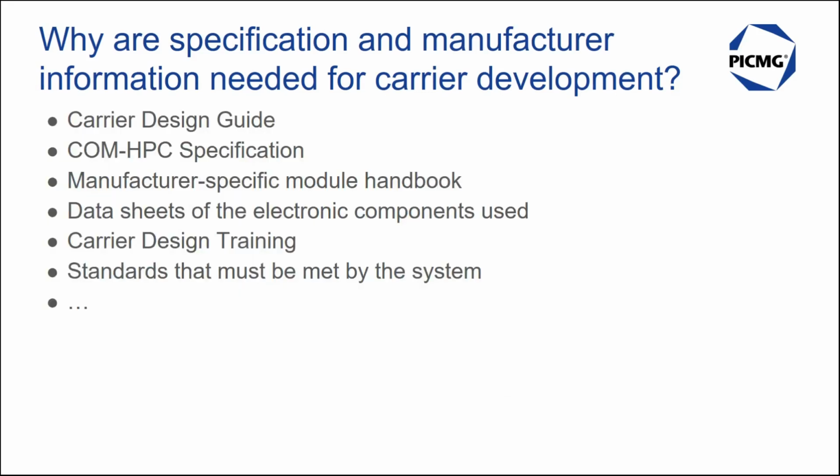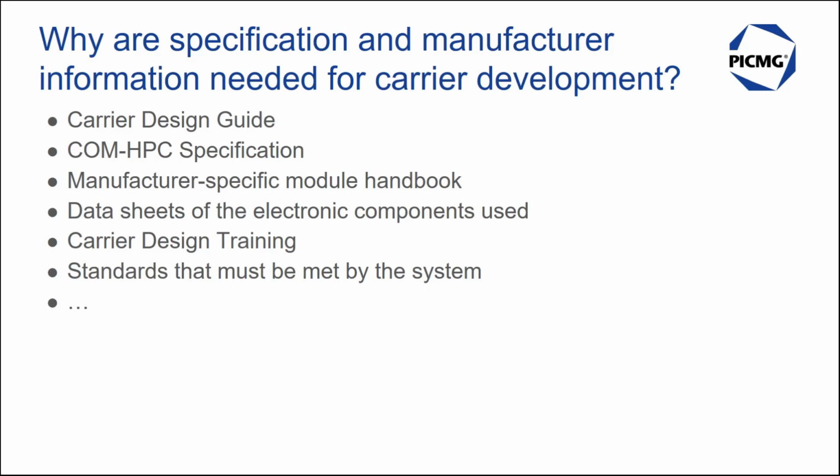The point I'm trying to make is that for a carrier design, it's not enough to download the carrier design guide and just work with this document. The idea of the carrier design guide is to expand the specification and provide valuable additional information. However, every carrier designer should also have the COM-HPC specification.